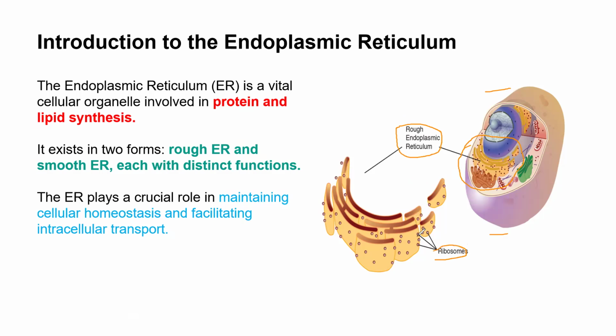Because of these attached ribosomes, it is called rough endoplasmic reticulum. In fact, this is what makes rough endoplasmic reticulum differ from smooth endoplasmic reticulum. Smooth endoplasmic reticulum doesn't have ribosomes attached to it, as we can see here. This is where we have the smooth endoplasmic reticulum, and there are no ribosomes attached to it.